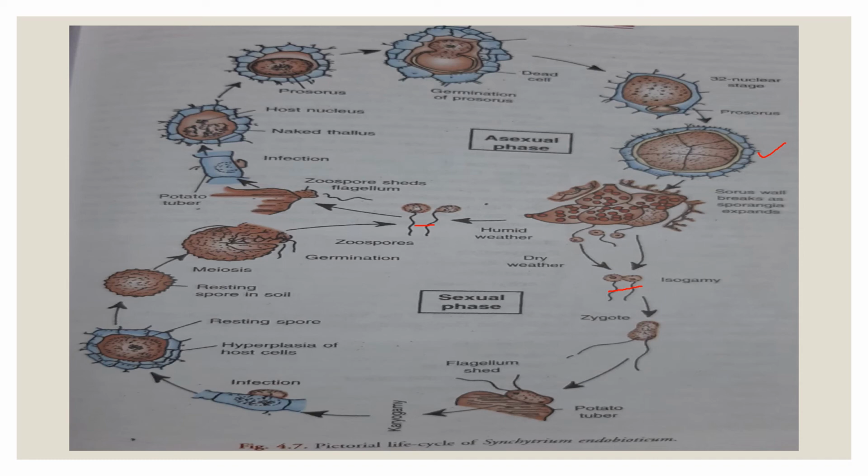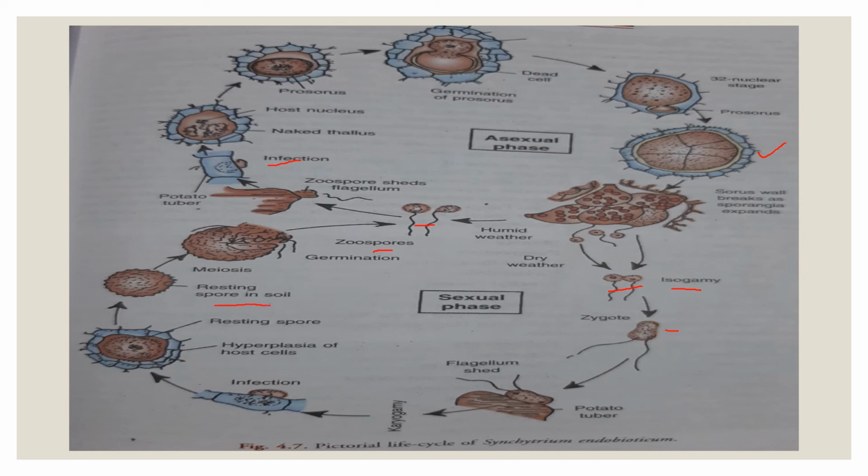If a high amount of water is present, then zoospores are produced, and these zoospores swim in water, reach a tuber of the plant, and start the infection phase that I have earlier discussed. And if the condition is dry, then it undergoes meiosis, the planogametes are produced, and by isogamy they fuse and a zygote is formed, and the phase goes on to produce the resting spore.